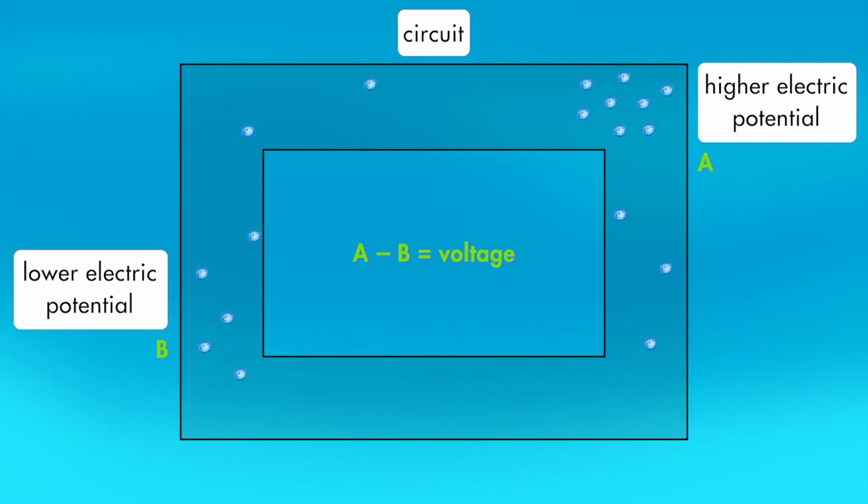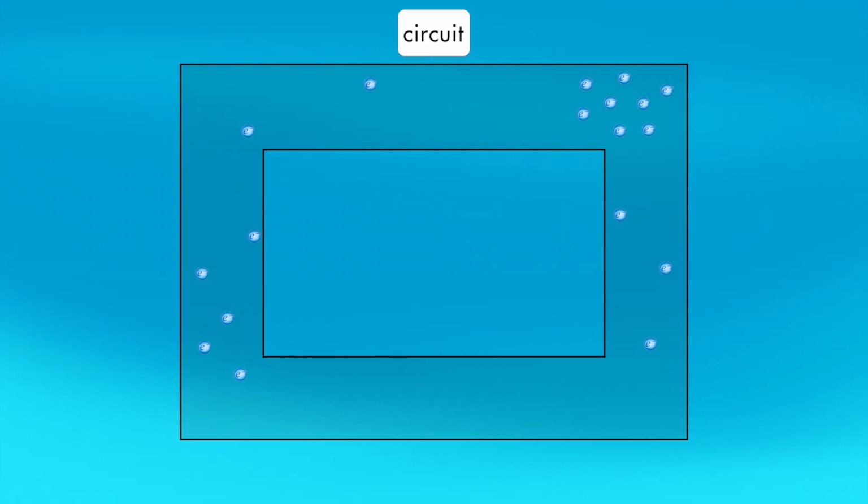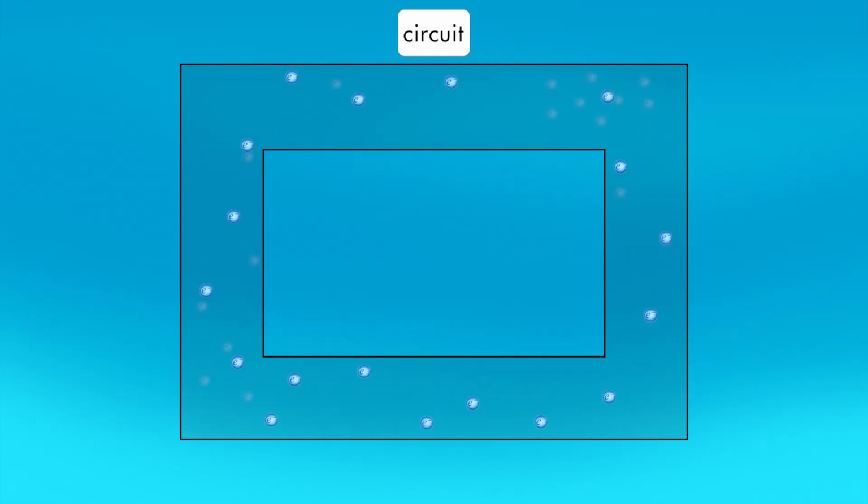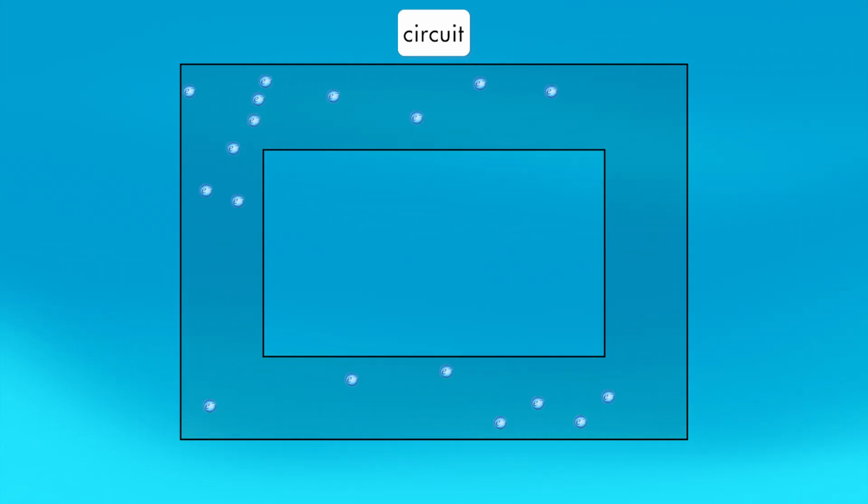However, voltage can also be defined another way. In a circuit, electrons have more freedom to move around. As a result, some electrons from a region of higher electric potential move toward a region with lower electric potential until all the regions have about the same number of electrons.